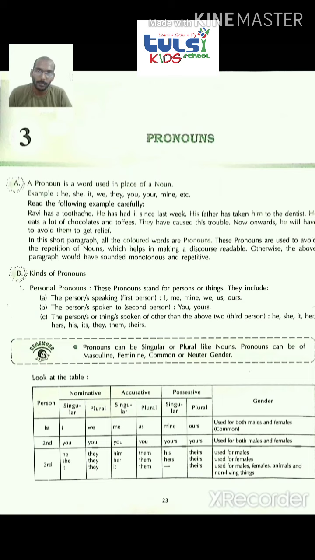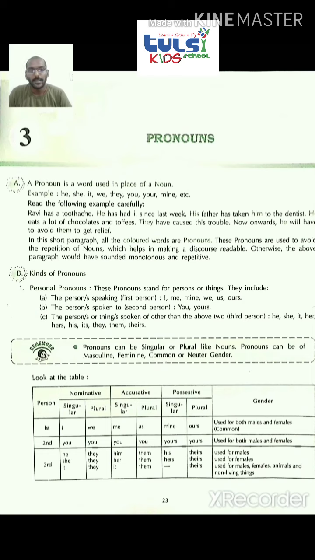It has masculine, feminine, common, and neuter gender also, same as in nouns. Example: he stands for masculine, she stands for feminine, they stands for common, it stands for neuter.